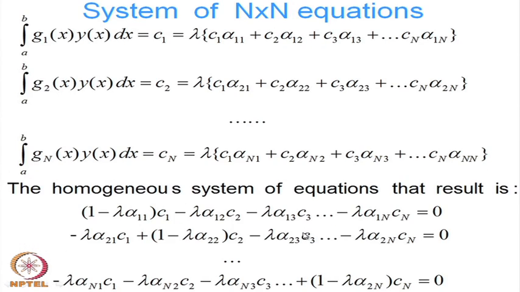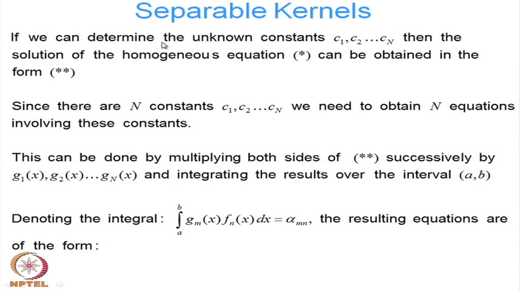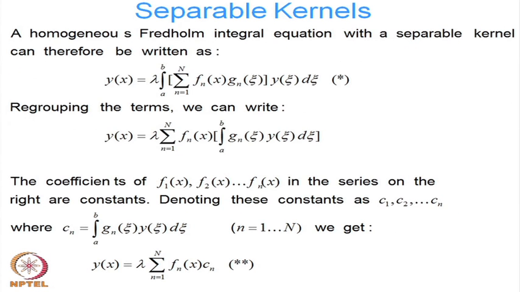And if I do that, I end up with a system like this. First equation: the integral of g1 of x y of x dx is equal to C1, because that is the definition of my C's. So, C1 is equal to the integral of g1 xi y xi d xi, and if I multiply both sides of this equation by g1 of x and integrate, I am going to get C1 on the left hand side.